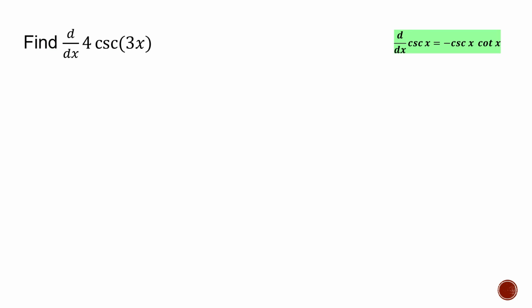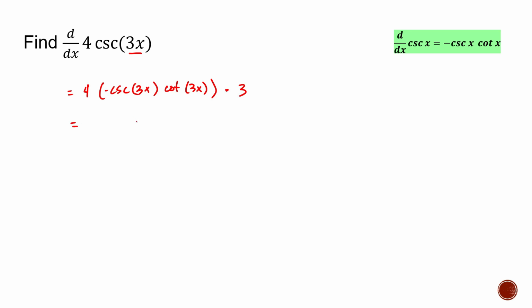Okay, so here we have 4 cosecant 3x, and as you can see on the upper right corner of your screen, the derivative of cosecant x is equal to negative cosecant x cotangent x. So we will use that. For this, it is 4 times negative cosecant 3x cotangent 3x, multiplied by the derivative of 3x, which is 3.